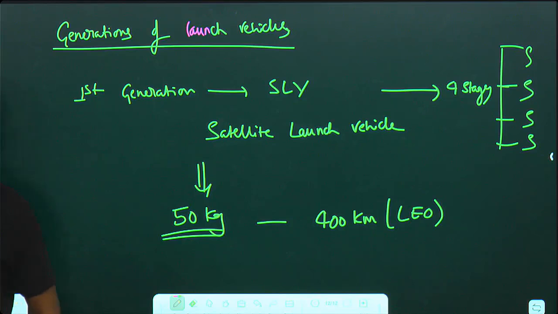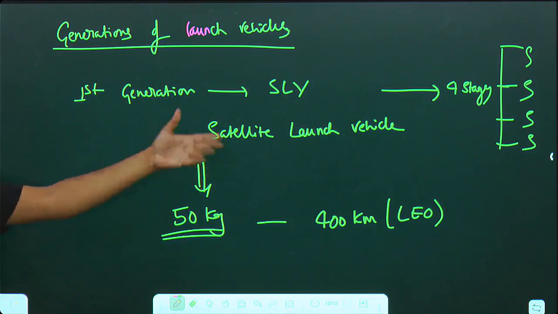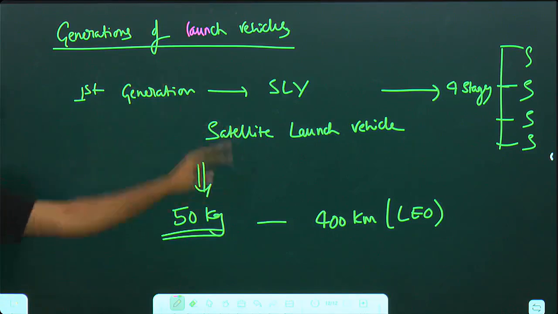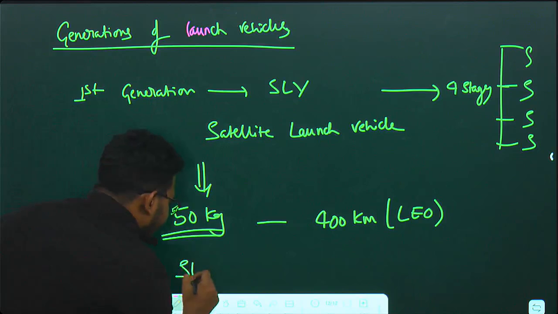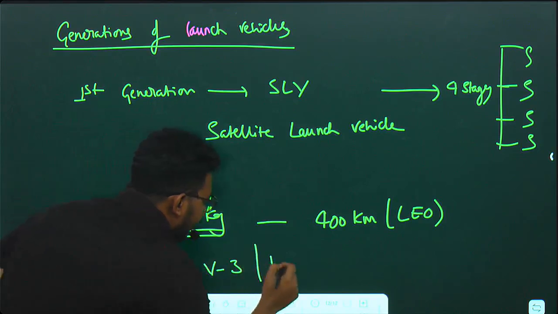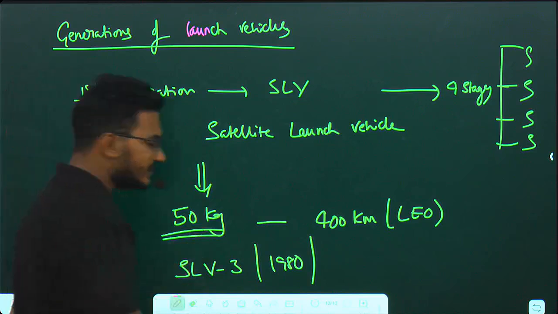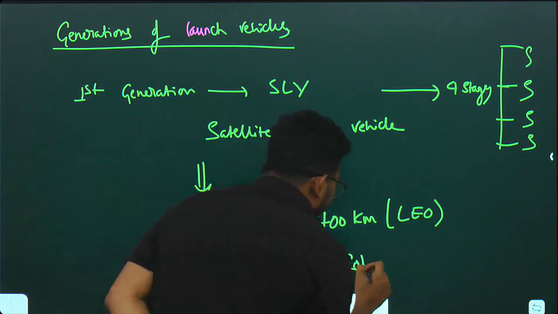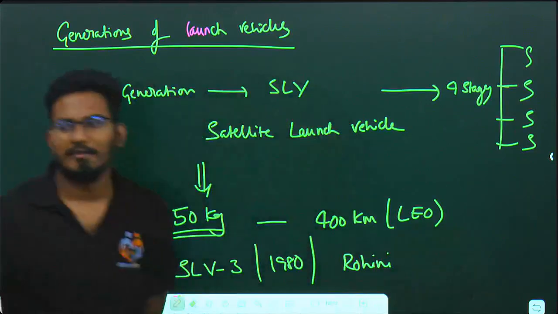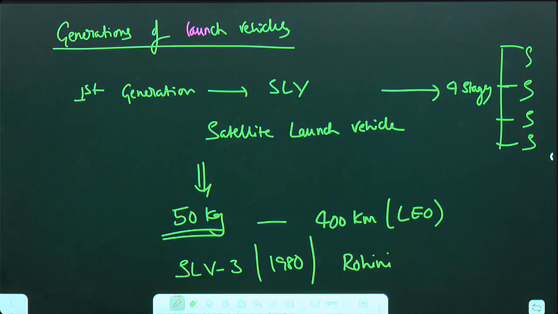First we tried this SLV. SLV 1 failed, SLV 2 failed, and we succeeded with SLV 3 in 1980, and the satellite we launched with this SLV 3 is Rohini.